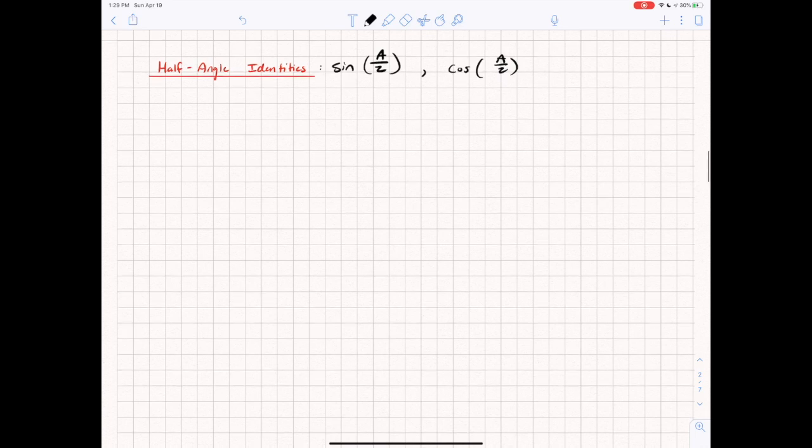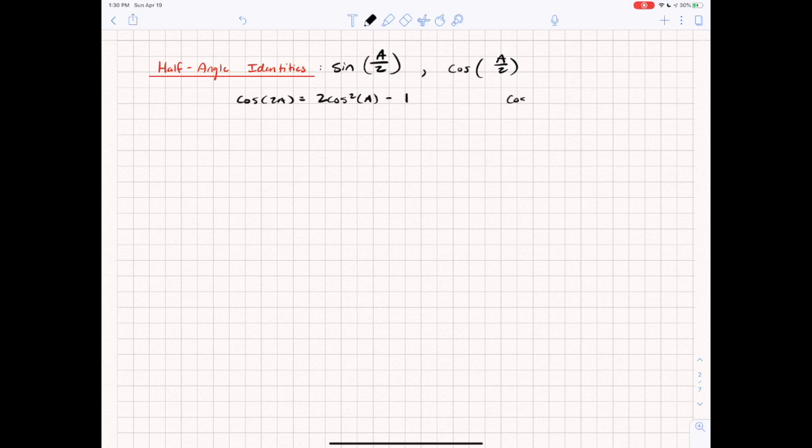All right, now both of these definitions will actually stem from the two double angles for cosine. Specifically, cosine of 2A is equal to 2 cosine squared of A minus 1.